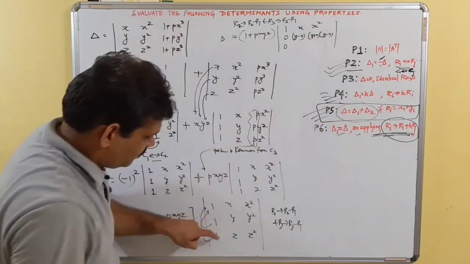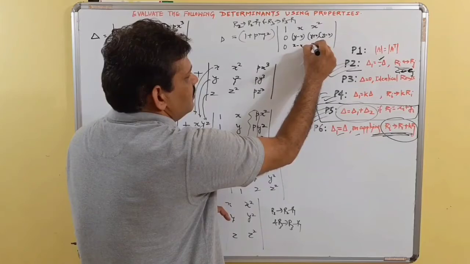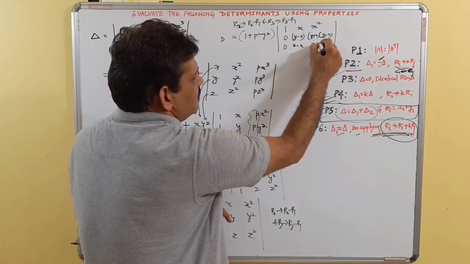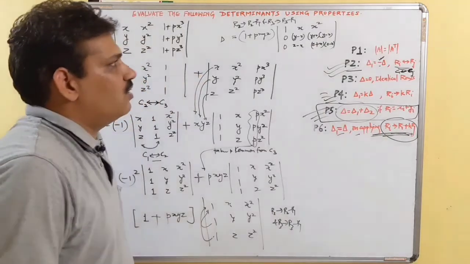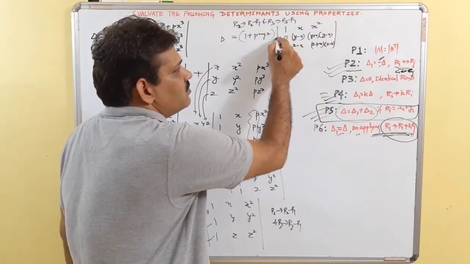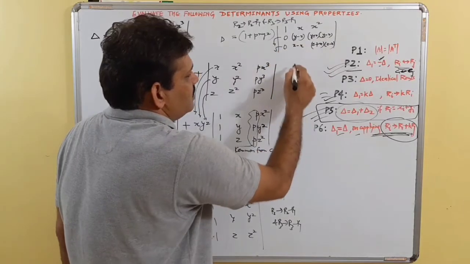1 minus 1 is 0, z minus x, and the factor of z square minus x square is z plus x into z minus x. Now what can you see common from this row? y minus x, and from this row z minus x.